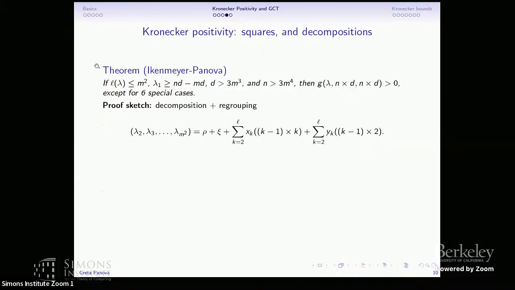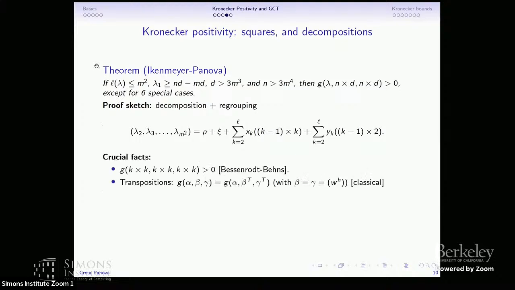And the way the proof goes, and in a similar fashion it goes for the bigger result, is that in order to prove positivity of certain multiplicities, we rely heavily on a few properties. So we rely on the fact that we know that the Kronecker coefficient of square, square, and square is greater than 0, and actually there is a more general result.